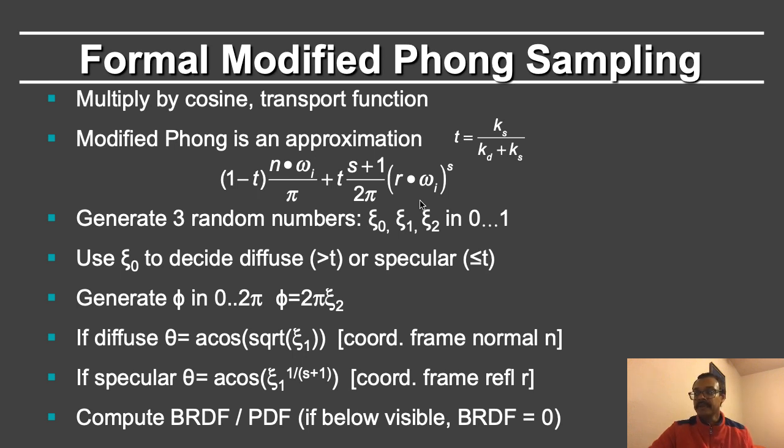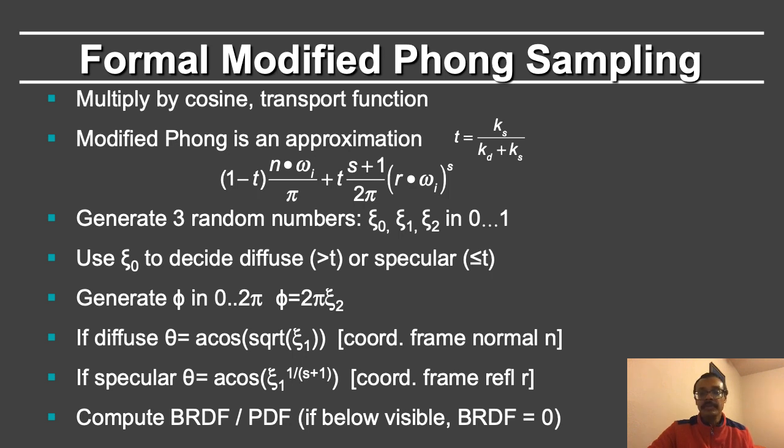You can sample it by generating 3 random numbers, xi0, xi1, and xi2 in the 0 to 1 range. Xi0 is used to determine if you are sampling the diffuse lobe or the specular lobe. The diffuse component will be sampled when the value is greater than t, and the specular component will be sampled otherwise. Notice that the factor of t goes with the specular component, hence this is the correct thing to do.